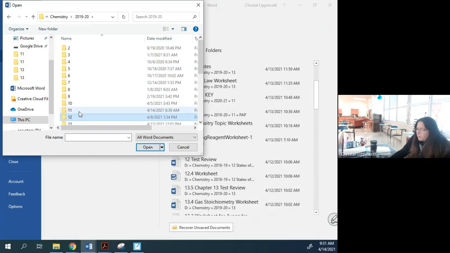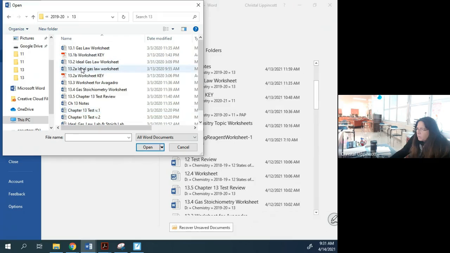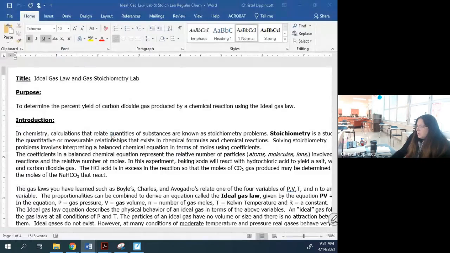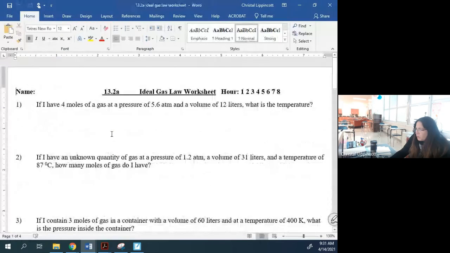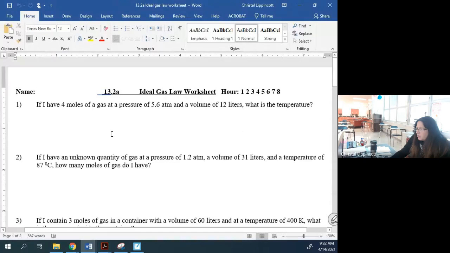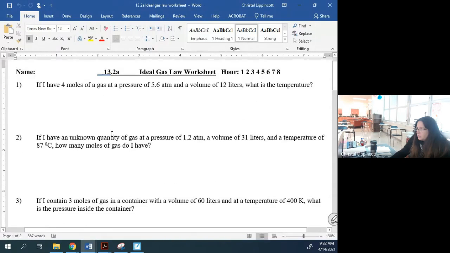Oh, wrong chapter. Let's try this again. So, ideal gas law worksheet. For your homework tonight, you should have this. I believe this is your homework, right? Does this look right? Yes. Okay.